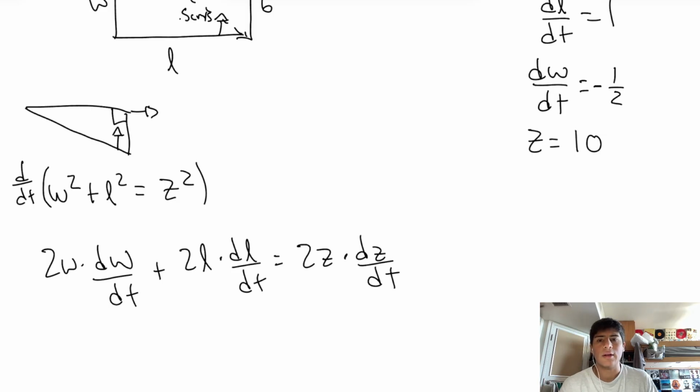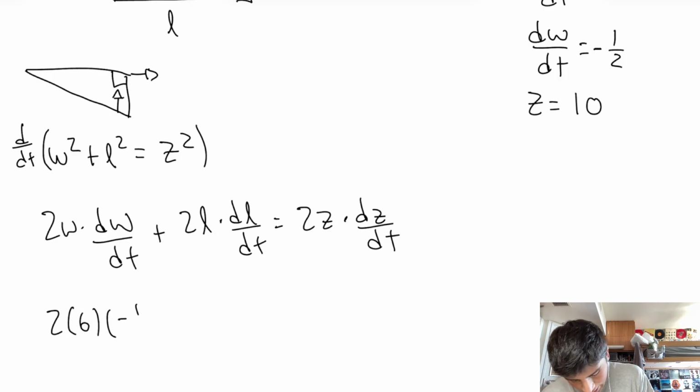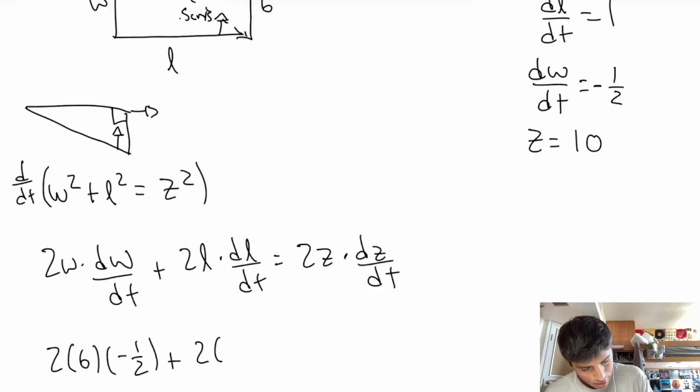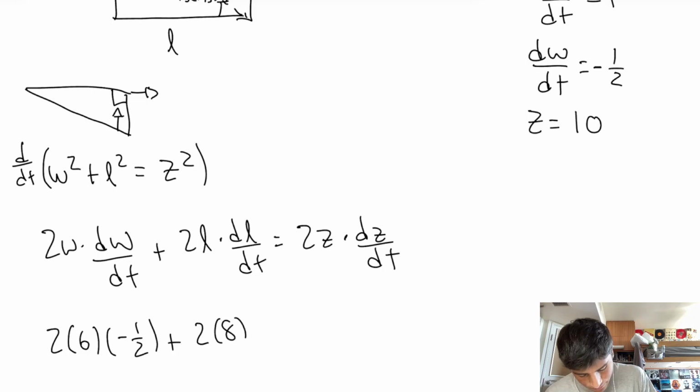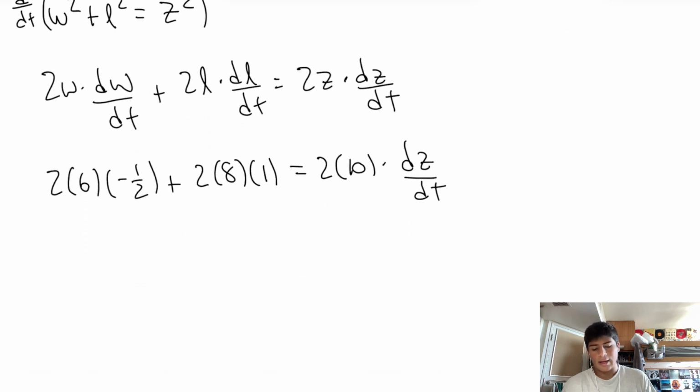Now we can plug in what we know. W equals 6, so 2 times 6 times negative 1 over 2 plus 2 times L is 8 times 1, dl over dt is 1, equals 2 times 10 times dz over dt.